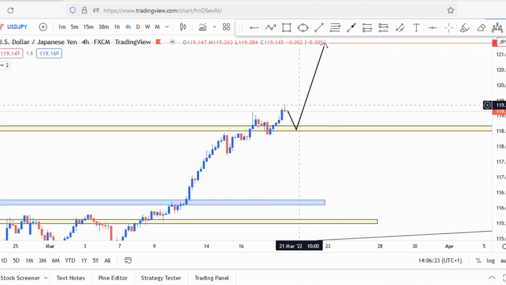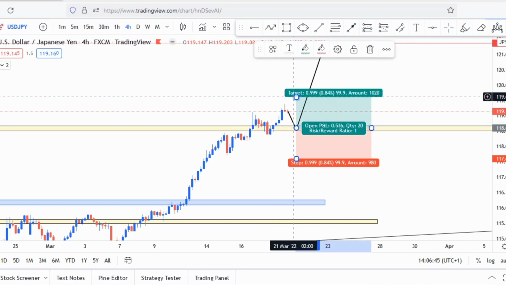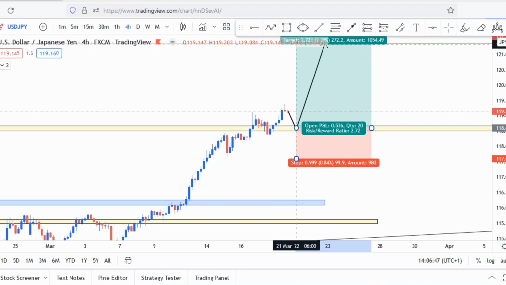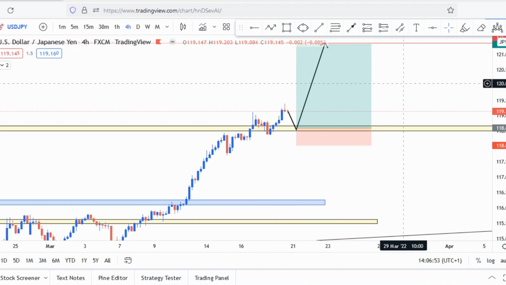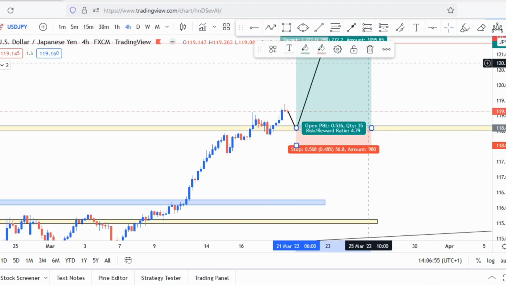So if price retraces back down to support here around the 118.600 level, then we'll be looking to take our buy opportunities. If price gives us the buy opportunities all the way to the top, giving us about 270 pips on that, and we'll be risking about 50 pips, which is a very good risk to reward ratio.